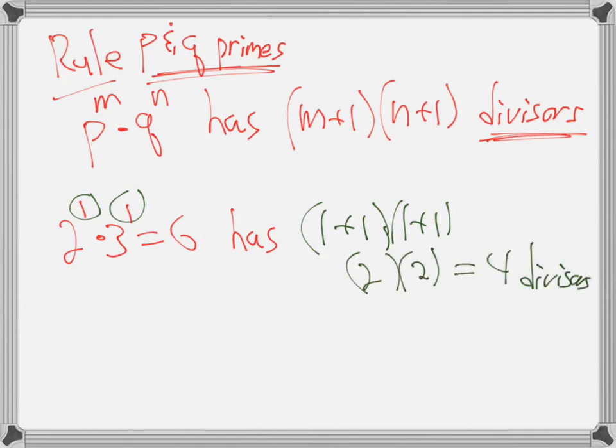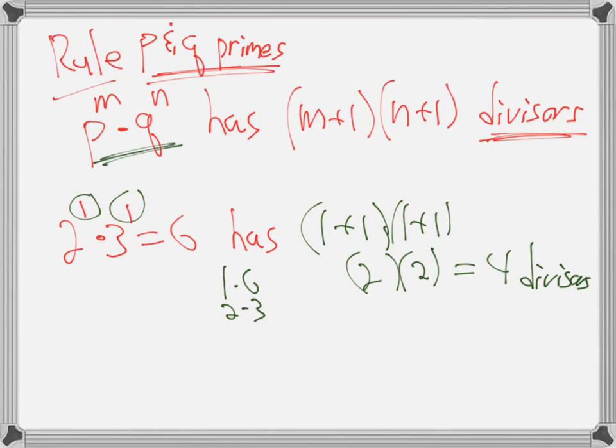And we know that's true: 1 times 6, 2 times 3. All right, are we tracking? Now we're getting in position to answer the questions. Is that too fast? Do you need to copy that down? That is the important rule right there.